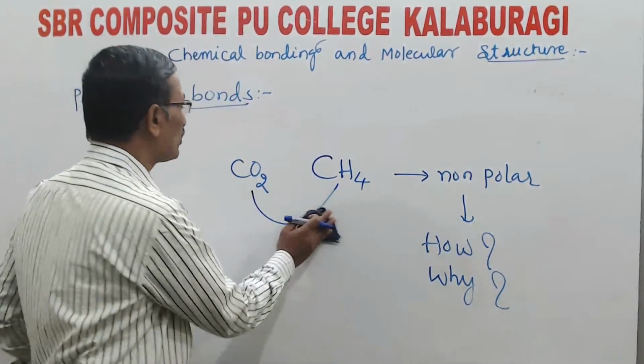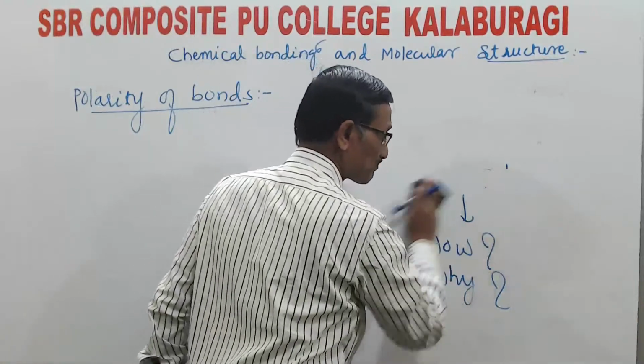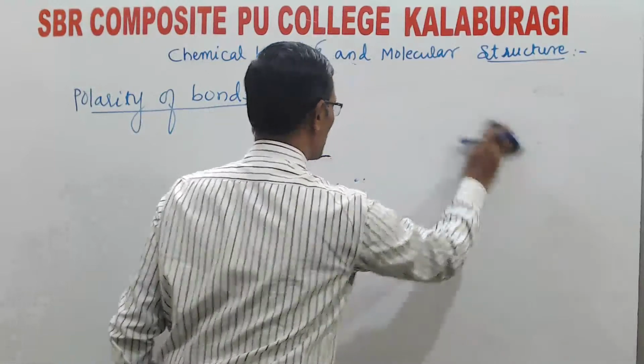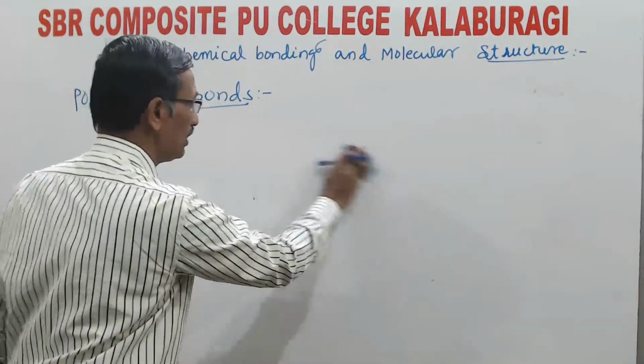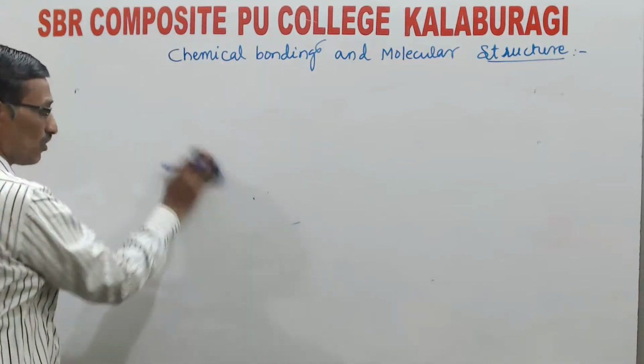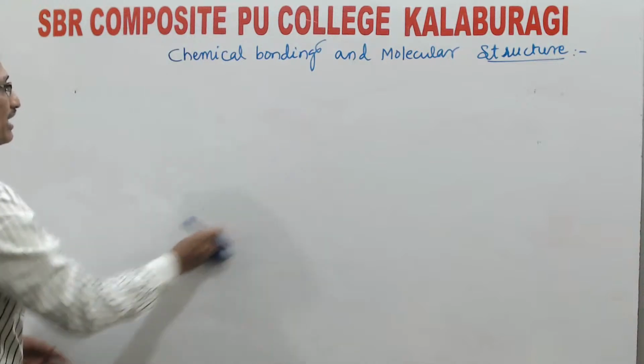Therefore, the degree of polarity in a covalent molecule is expressed in terms of an important concept known as dipole moment. This dipole moment measures the degree of polarity.